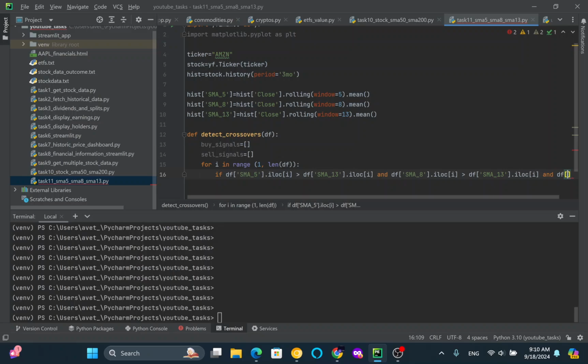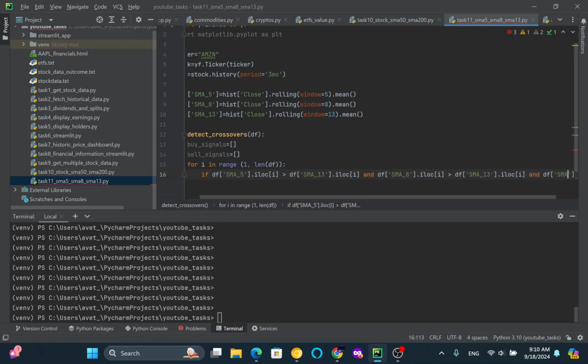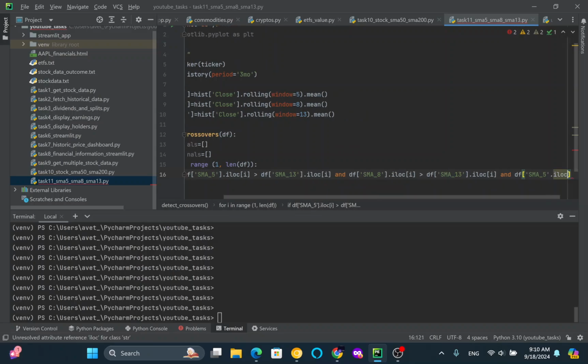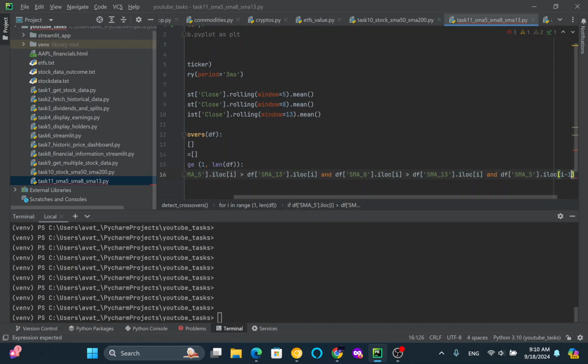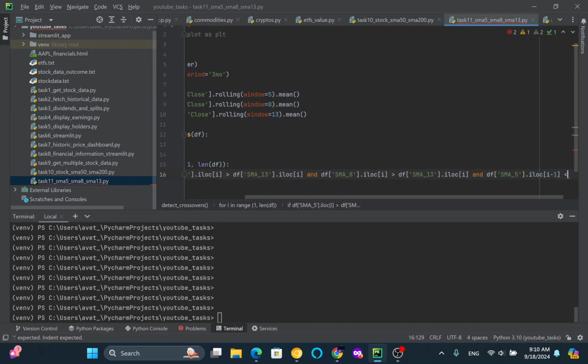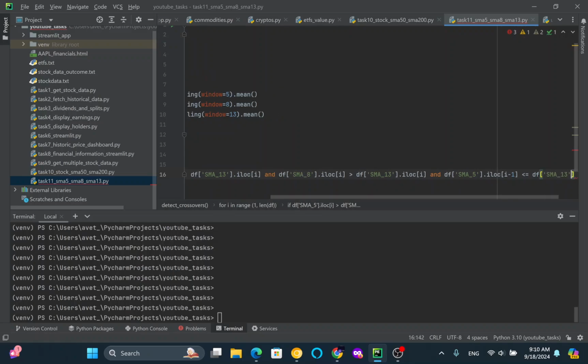And df SMA5, let's pay attention, here goes the trick: iloc i minus 1 is less or equal to df SMA13 iloc i minus 1.